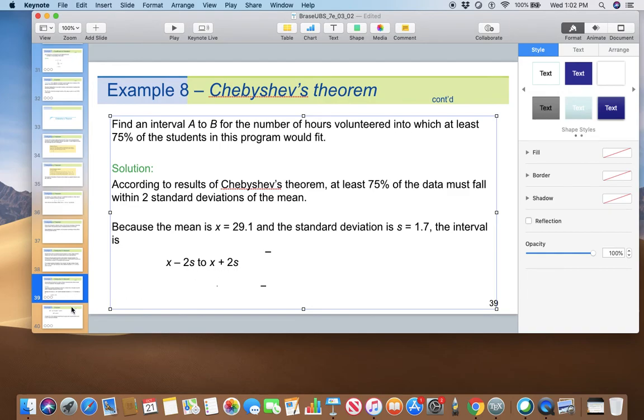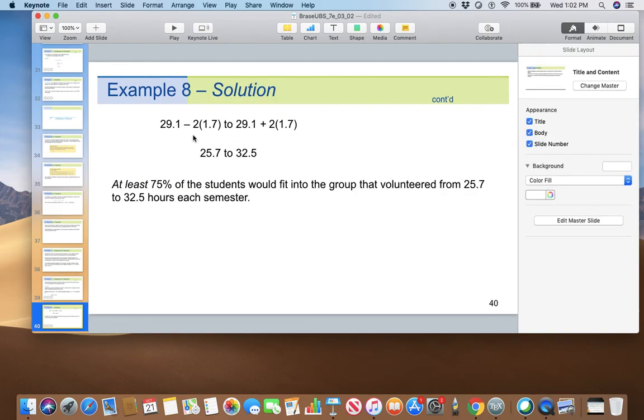Subtract, add. So 29.1 minus 2 times 1.7 to 29.1 plus 2 times 1.7. Using the calculator, you can find these values. At least 75% of the students would fit in the group that volunteered from 25.7 to 32.5 hours each semester.